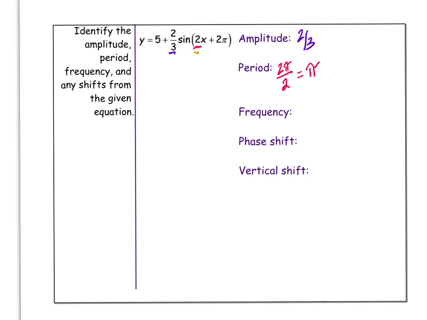My frequency is just b, which is 2. My phase shift in this case is negative c, negative 2 pi divided by b, which is 2, so that would be negative pi.